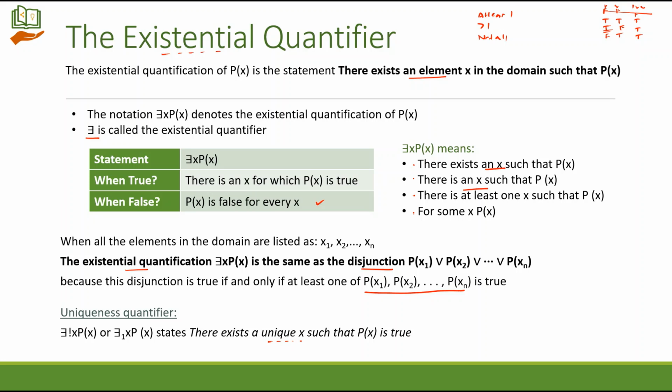The notation is the existential symbol along with an exclamation mark, or the existential symbol with 1 as the subscript. There is exactly one, or one and only one, x for which P of x is true. The uniqueness quantifier can be avoided, because when we say something exists, exactly one and only one will be covered there.